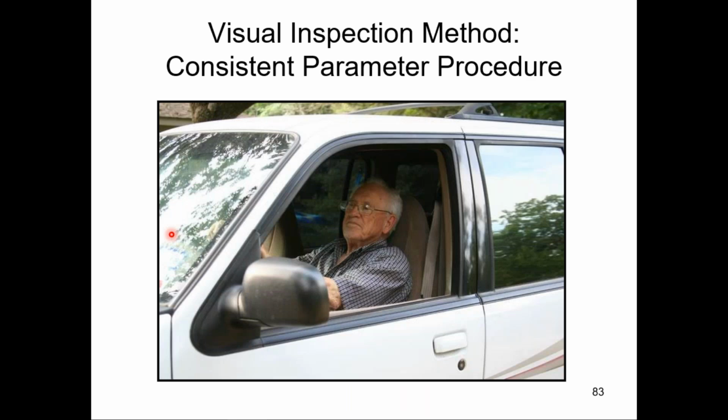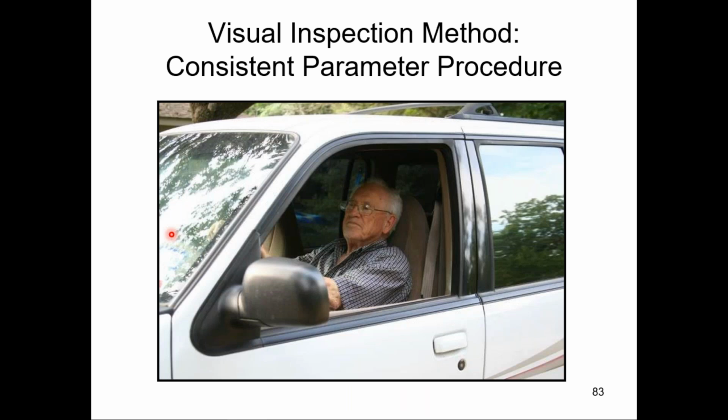And the parameters that they used were a pickup truck or SUV vehicle, and an older driver. So that's what this slide shows, an older driver in an SUV type vehicle. And so that's what's meant by consistent parameter.